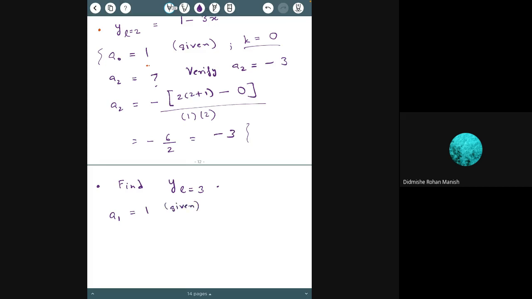My k is now 1, and a_{k+2}, which is a3, is equal to minus of 3 into (3 plus 1) minus 1 into (1 plus 1), by (k plus 1) which is 2, into (k plus 2) which is 3.